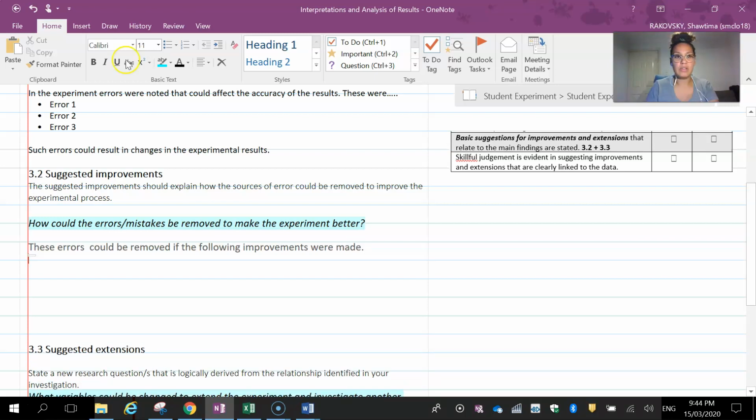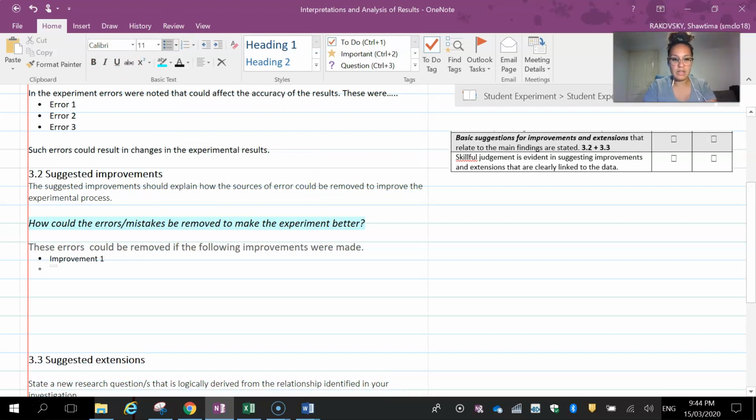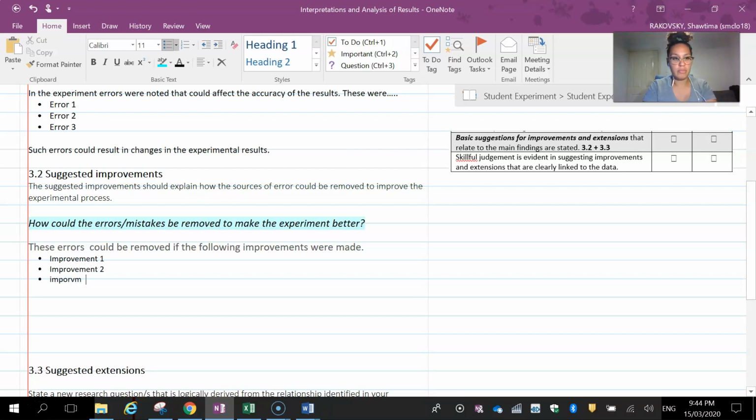So you might have improvement 1, improvement 2, and improvement 3. If you had 3 errors, you would have an improvement for each one. You might find that doing one improvement actually removes multiple errors anyway.